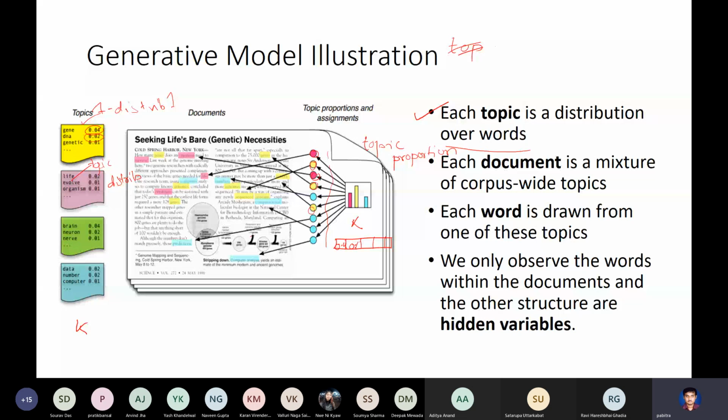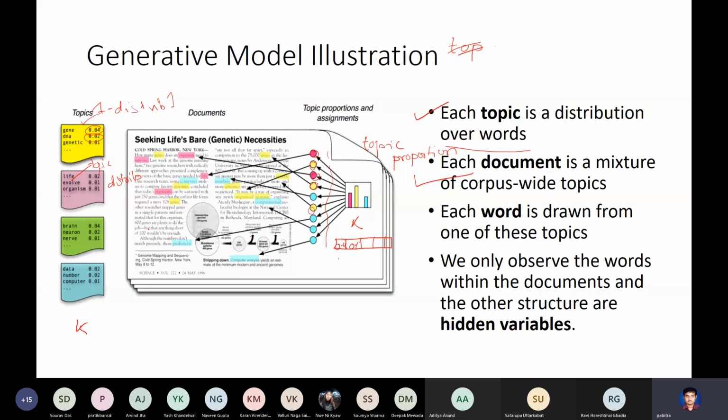You can already see from this histogram, this is a distribution over topics. So every document represents a distribution over topics. A rather sparse distribution, because most of the topics would not be present in the document, only few topics are present. A sparse distribution, but no doubt a distribution over the topics. So each document is a mixture of corpus topics.